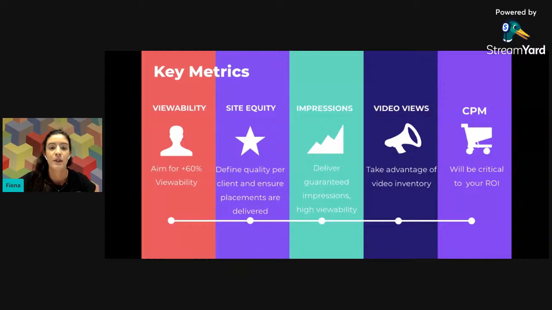Sometimes ads can be shown to the user but below the fold, so aren't actually seen. So we aim for above 60% viewability to ensure that ads are actually being looked at rather than just being present on the website. We'd also be looking at guaranteed impressions, video views to enhance the exposure of the brand, and also CPM, which will be critical to your ROI when analysing the campaigns after.